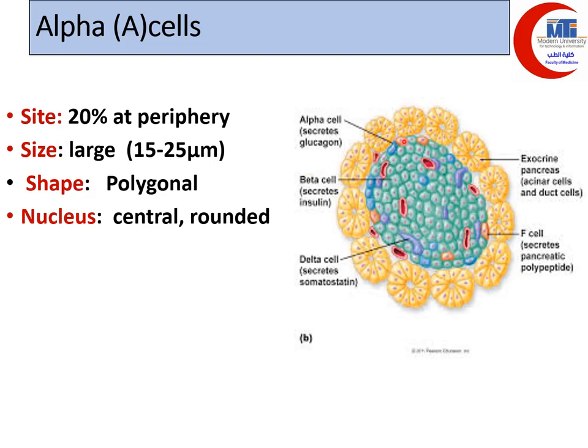These cells are present in the periphery of islets of Langerhans. They are polygonal cells with central rounded nuclei.